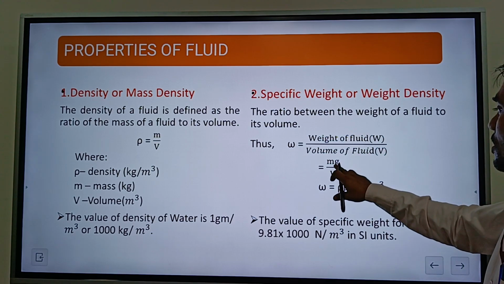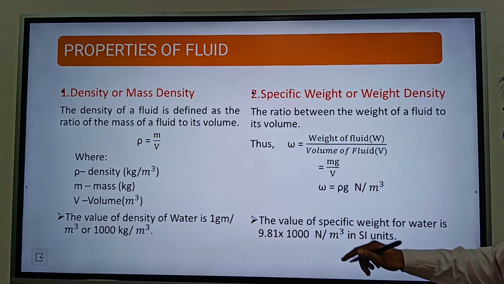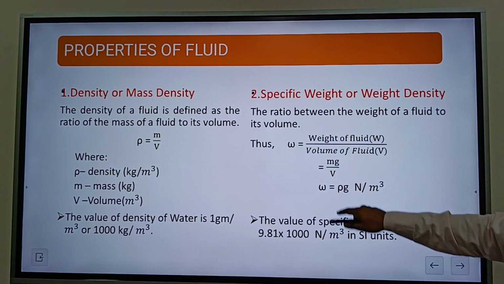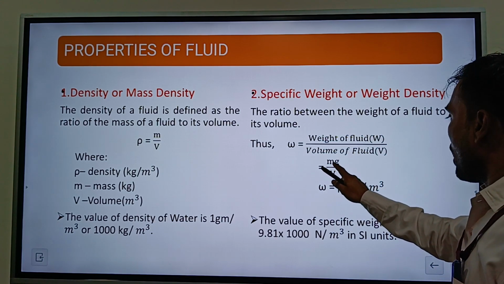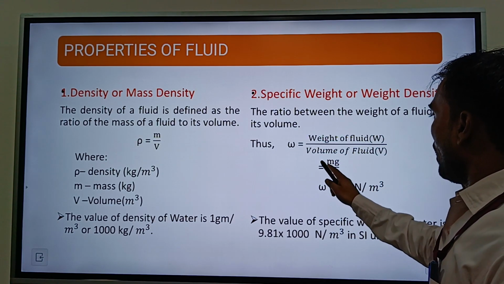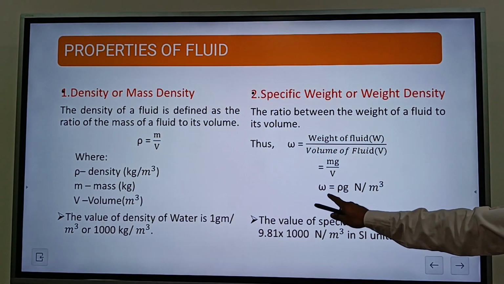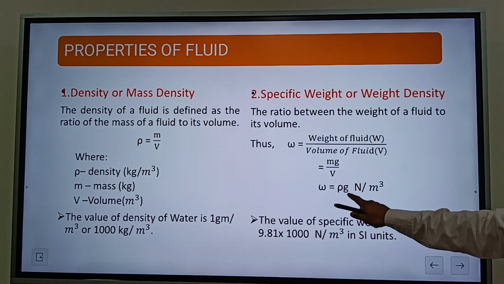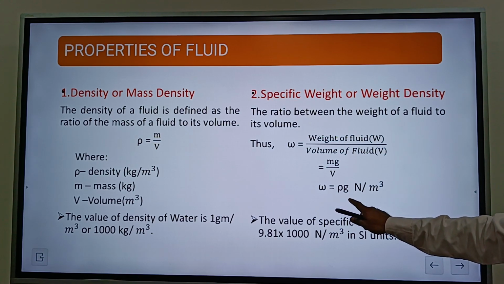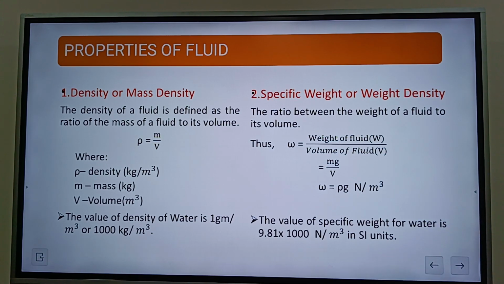Weight means mass into acceleration due to gravity, divided by volume, capital V. Now m by V can be replaced by the mass density. Therefore omega can be written as mass density into acceleration due to gravity. Its unit will be Newton per meter cube.